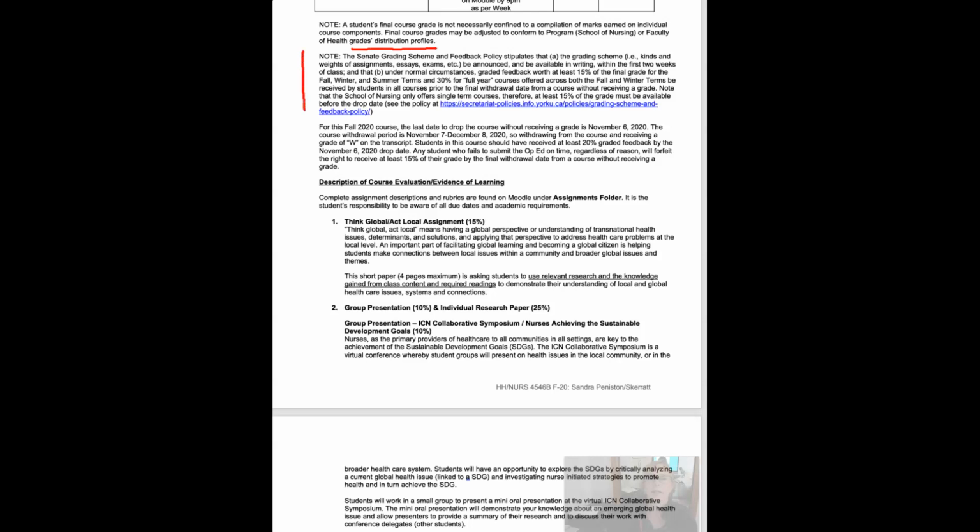You can look here at the Senate grading. I need to have at least 15% of the final grade available to you before you can drop this course. This is a mandatory course, so it's not really applicable to you unless you're going to postpone your whole degree for a year.